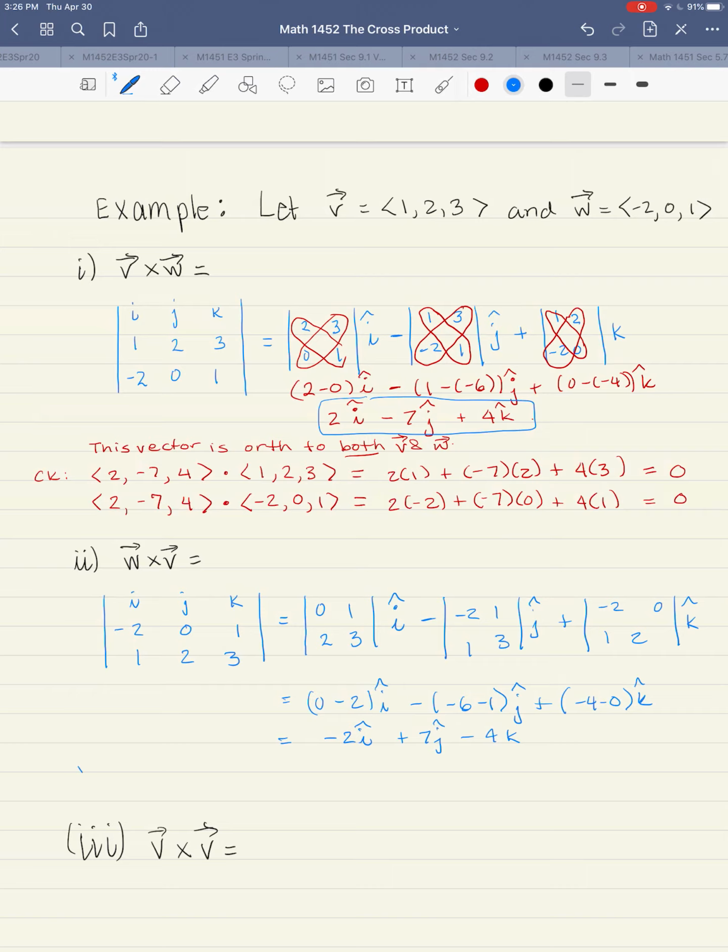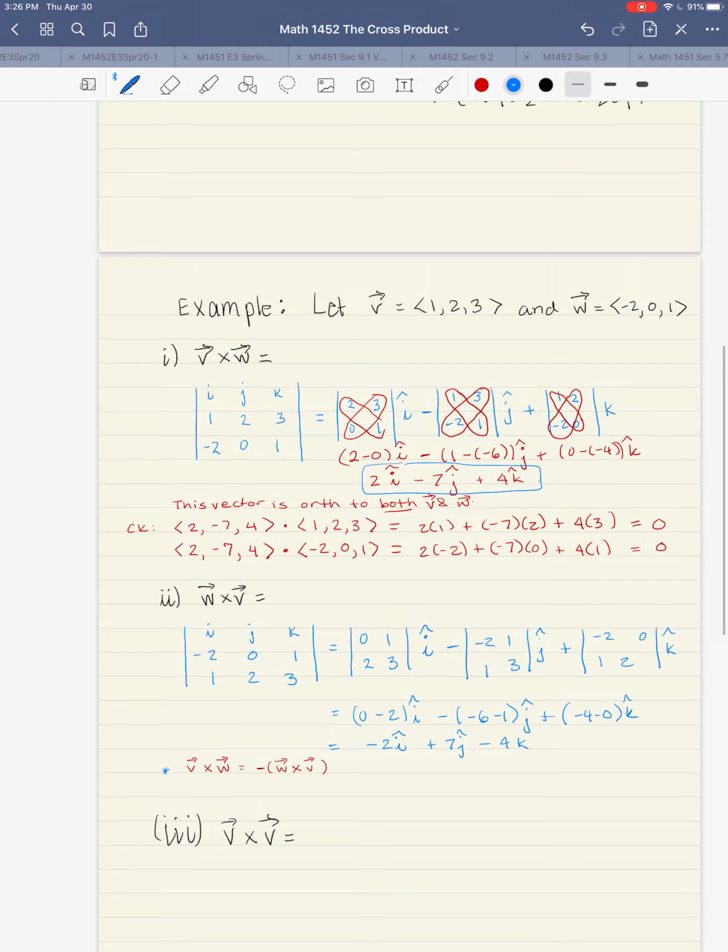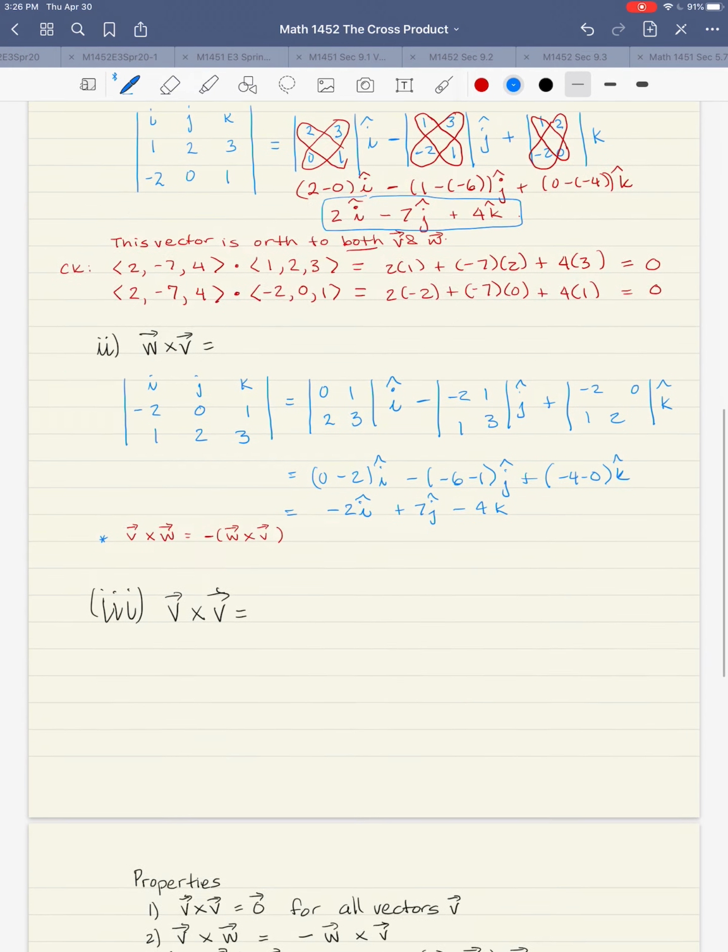So notice that that's opposite in sign as what we got in part A. So in general, vector v cross w will always be the opposite of vector w cross v. Vectors in opposite directions.